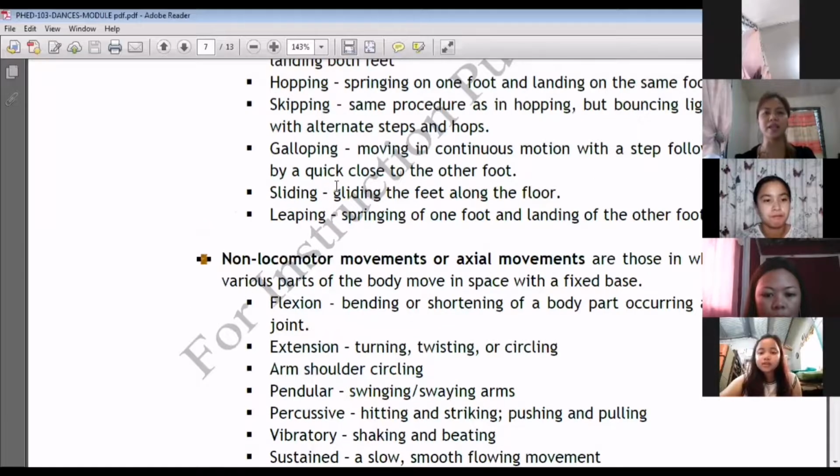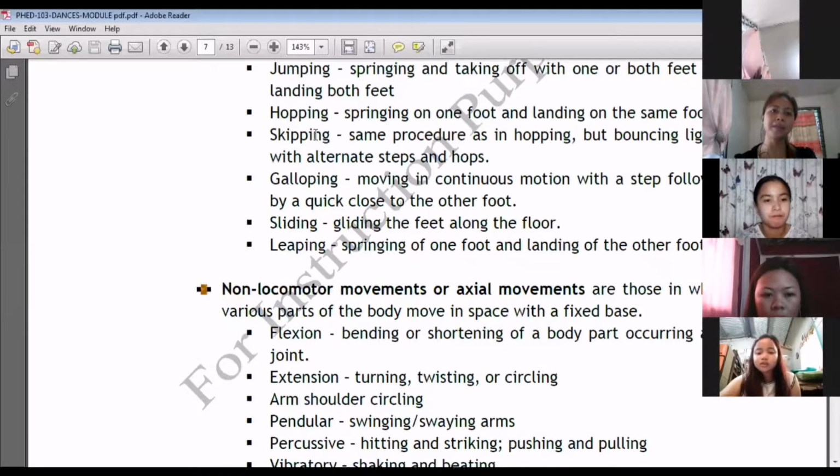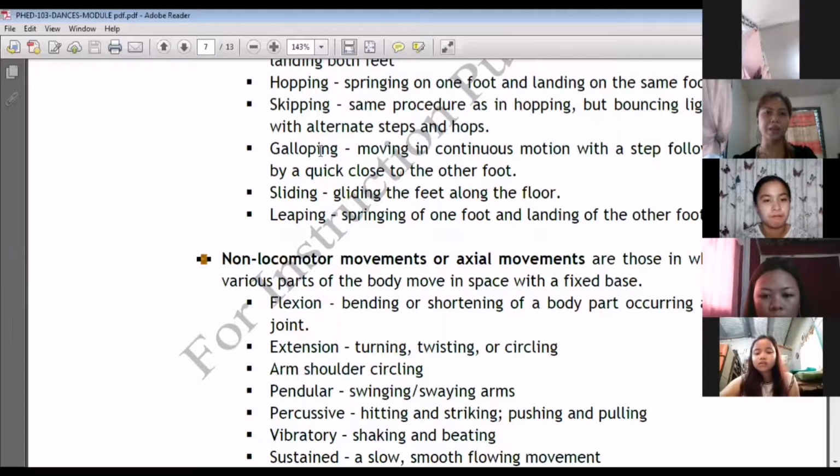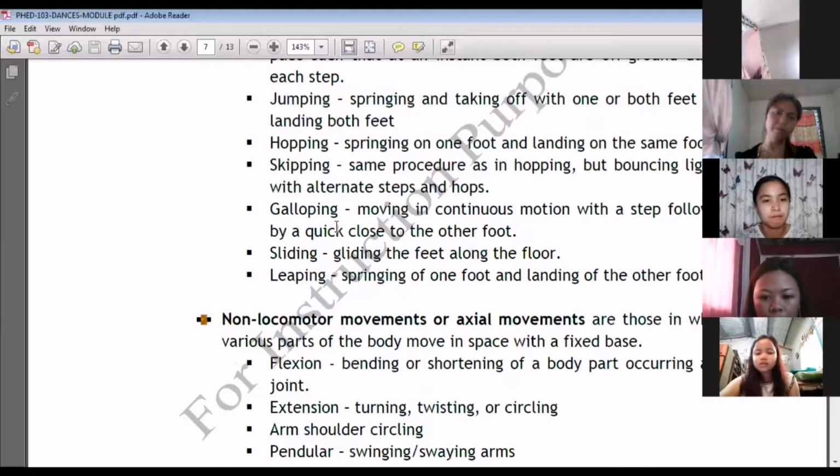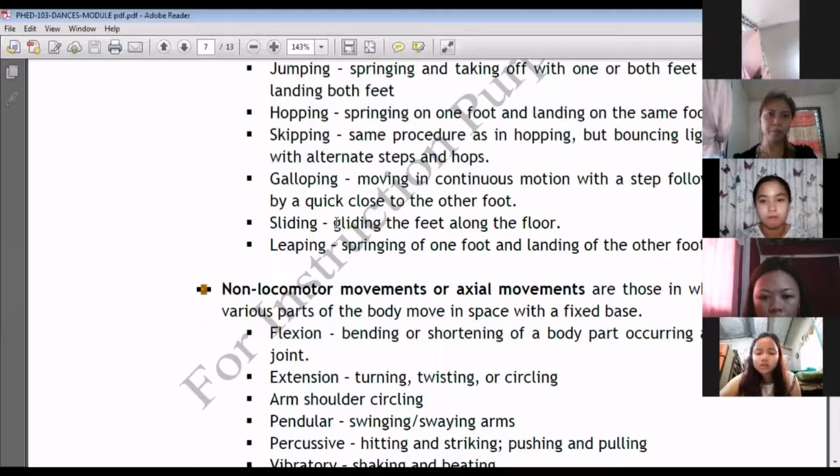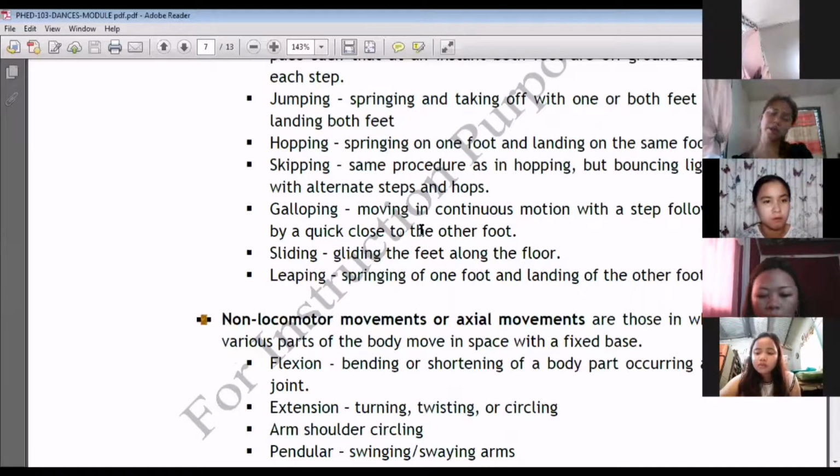Ano ang difference ng hopping, skipping, galloping, and leaping? Excuse me. I'll be uploading some videos later on showing how these things are different from each other.